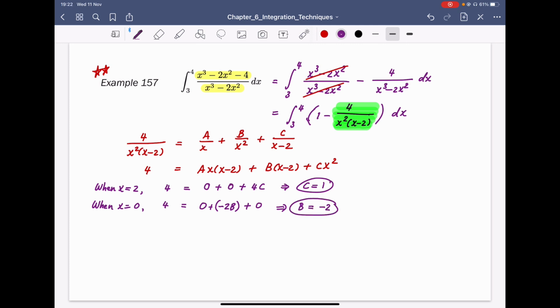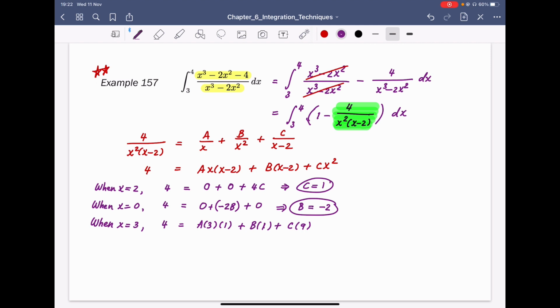Next I am going to pick x equal to 3. Then I have 4 equal to a times 3 times 1, and then plus b times 1, and then plus c times 9. That looks good to me.